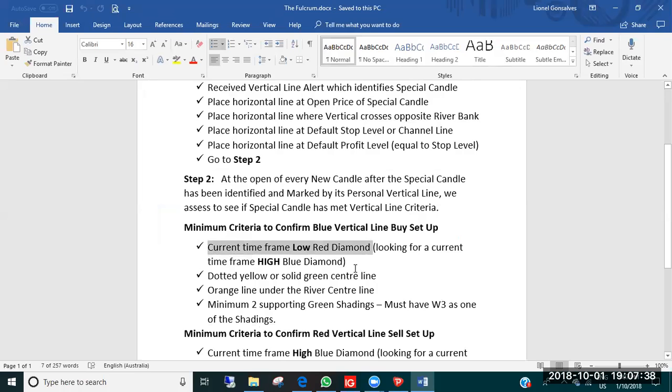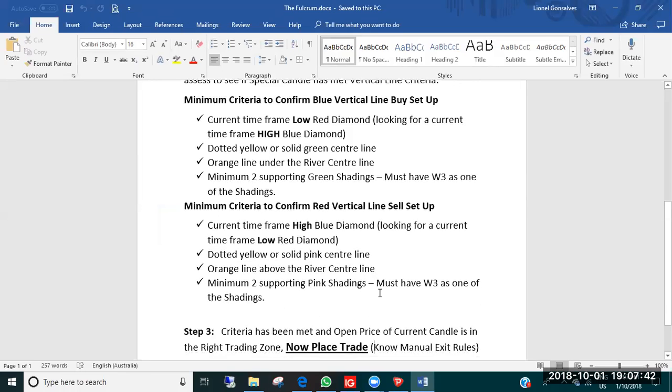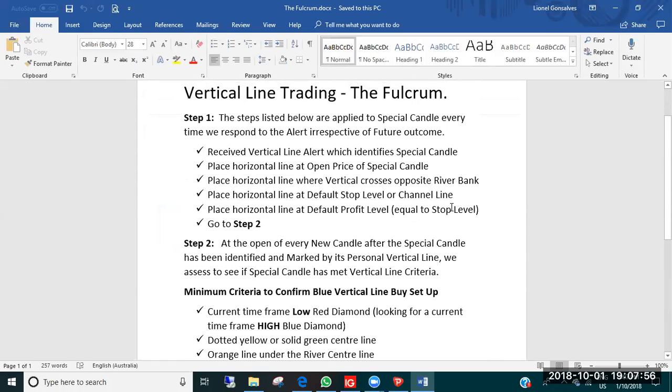So low red diamond, high red diamond. It'll prompt you on the manual exit rules. Together with this one-page PDF of the Fulcrum, you've got the alerts matched to prompt you to this page. They'll prompt you on step 1, step 2, step 3 and manual exit.